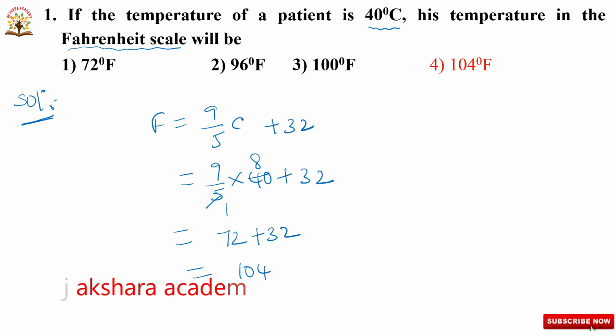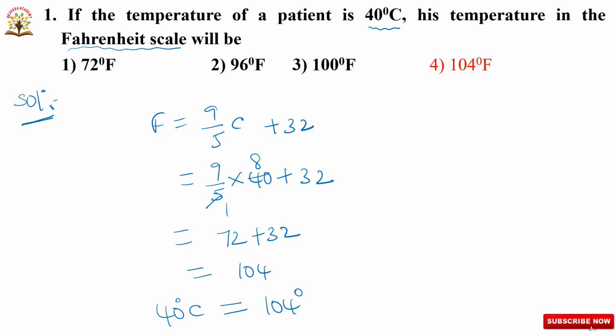So 40 degree centigrade is equals to 104 degree Fahrenheit. This is the final answer.